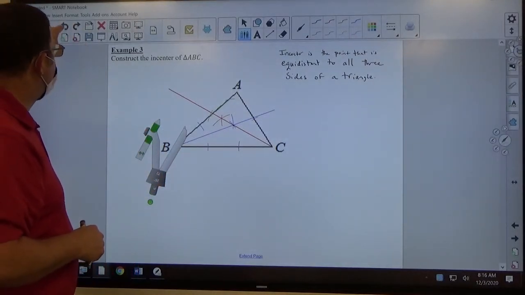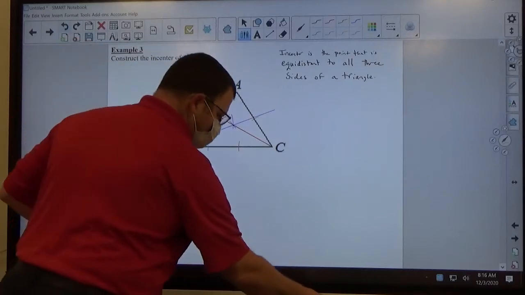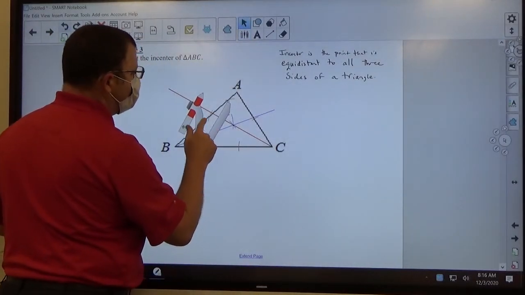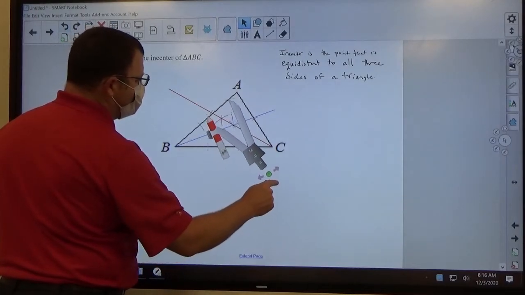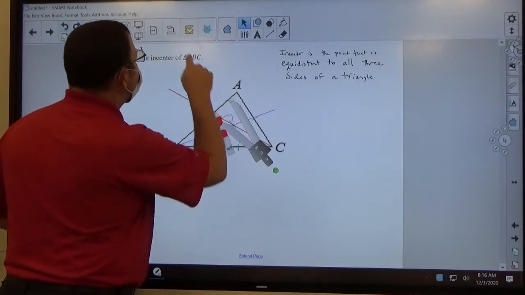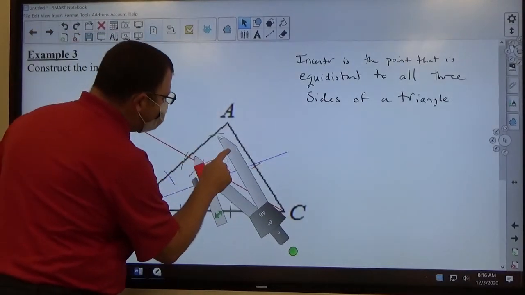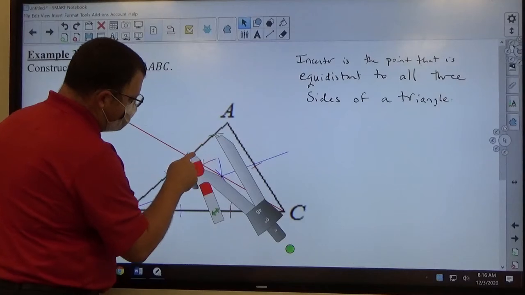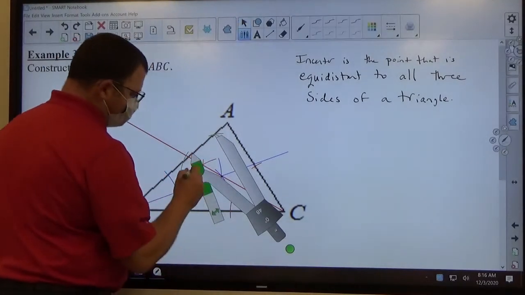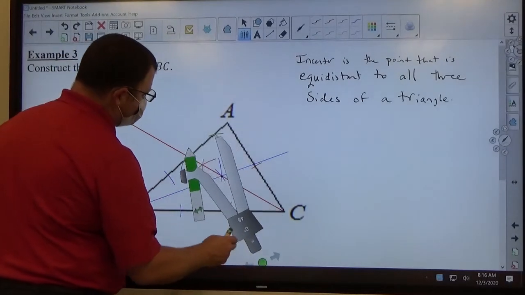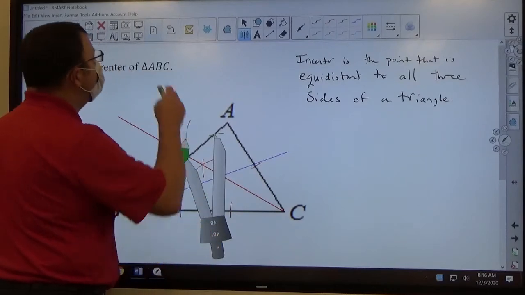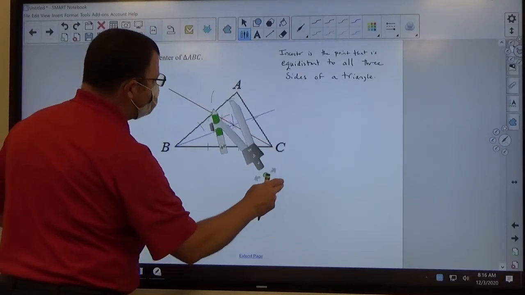Using our normal perpendicular bisector construction, which would be place compass at one of the points, open up the compass to bigger than halfway. So if I'm sitting right here at this point, halfway is kind of about here, so this is beyond halfway. I want to place an arc on one side of the segment and on the other side of the segment.